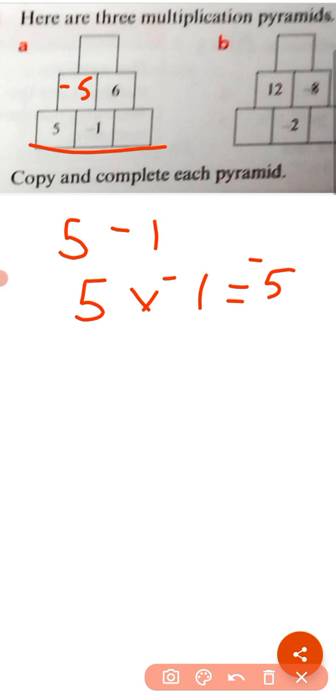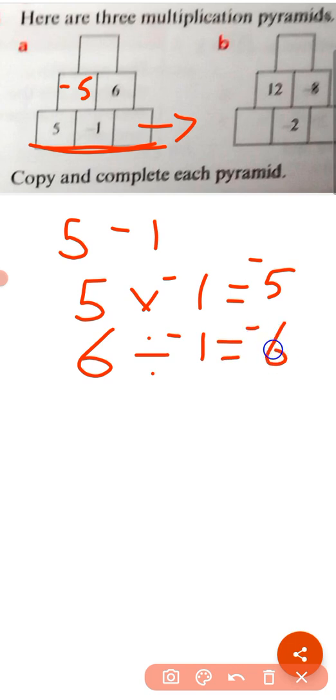Next children, in the last row, the third box is empty. And in the second row, the number given in the second box is 6. So, to find the integer in this box, we have to divide 6 by negative 1. 6 divided by negative 1 is negative 6.